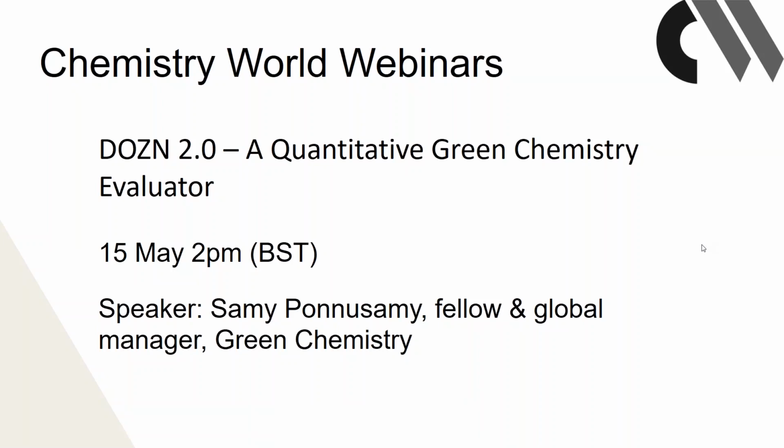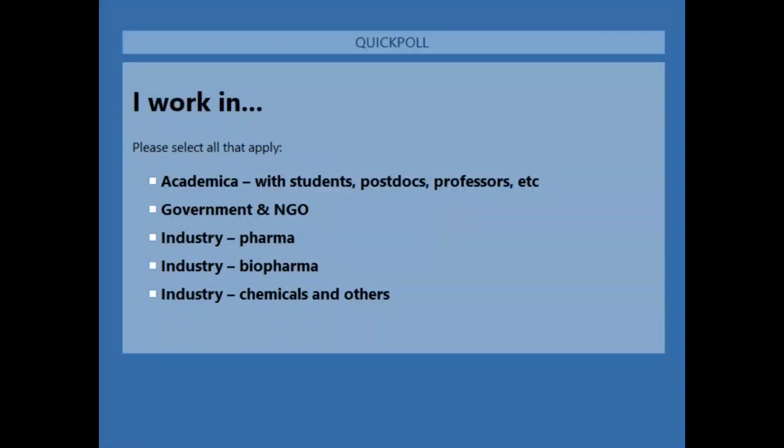Now that we've introduced Sami, we'd like to get to know a little bit more about you, the audience. So let's run the poll straight away. And just so we get a good idea of who we're talking to, and we can make sure that we give you the most appropriate information that you need, we would like to know, do you work in academia? So with students, postdocs, professors, you may be a professor yourself or a student yourself. Do you work in government or non-governmental organizations?